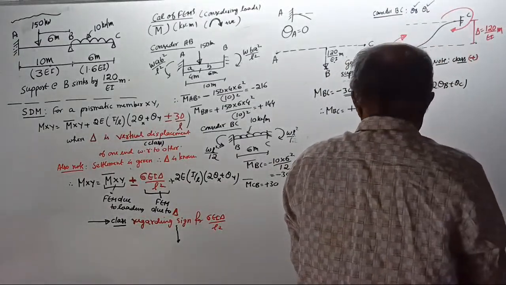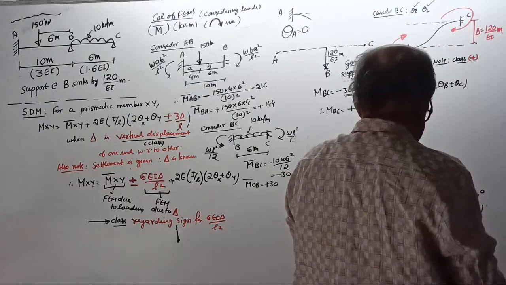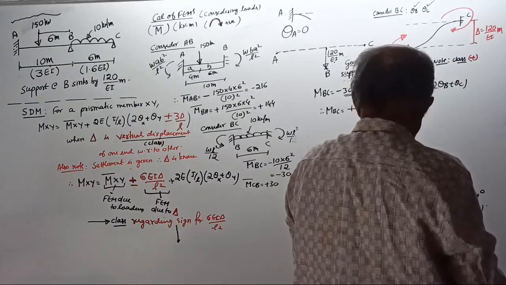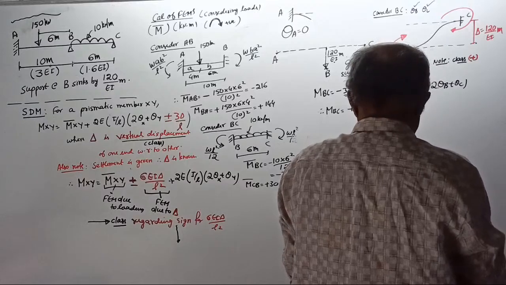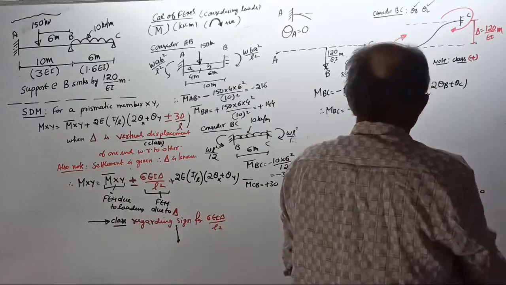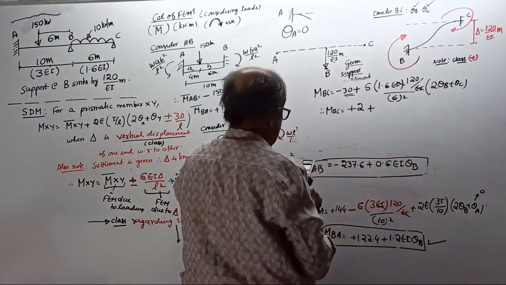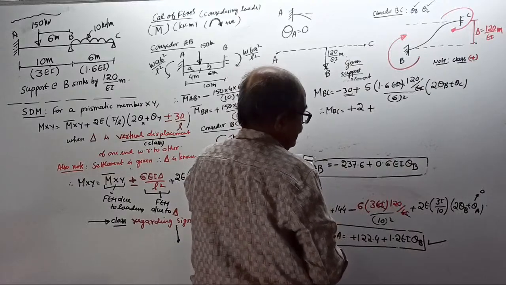Then the numbers are not calculated yet. I will calculate 4 into 1.6 divided by 6 plus 4 into 1.6 divided by 6, see, plus 0.8.